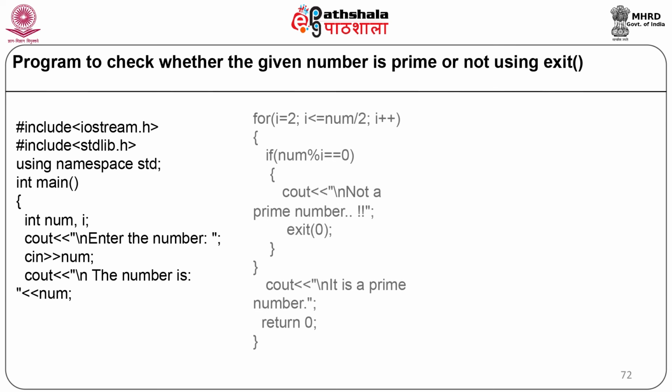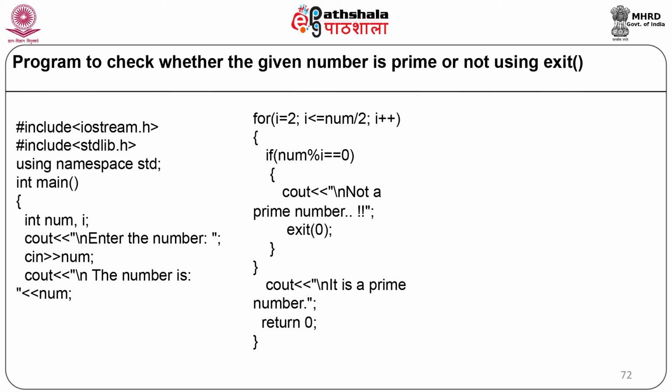Now we start with the for loop, for i equal to 2, i less than or equal to num by 2, i plus plus. If num mod i is equal to 0, we display the message not a prime number, exit(0), end of if condition, end of for loop. Otherwise cout it is a prime number, return 0, and end of the main program. As you can see here, once you find that the number is not a prime number, it will not go to the next iterations, but it will come out of the program.